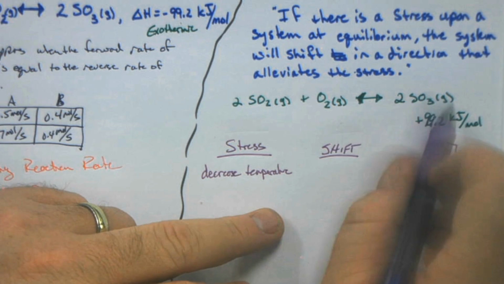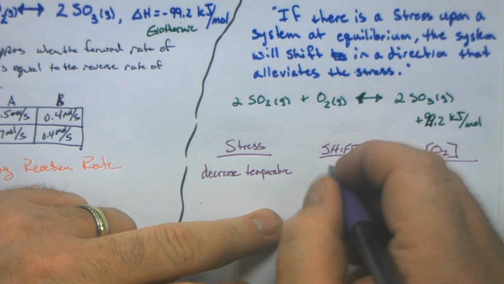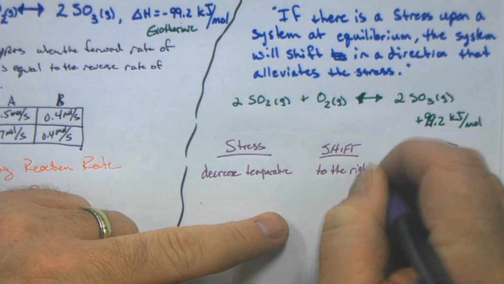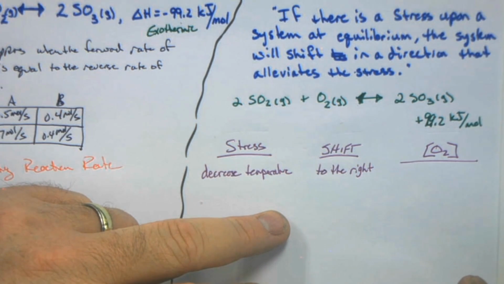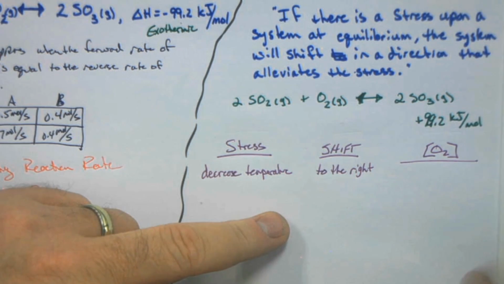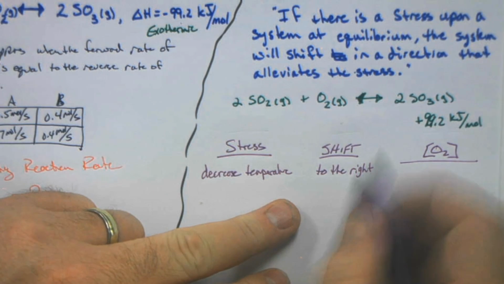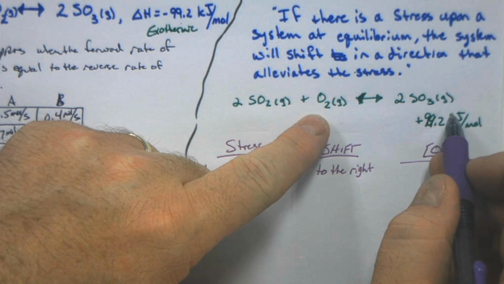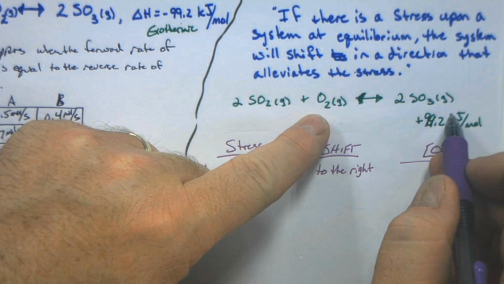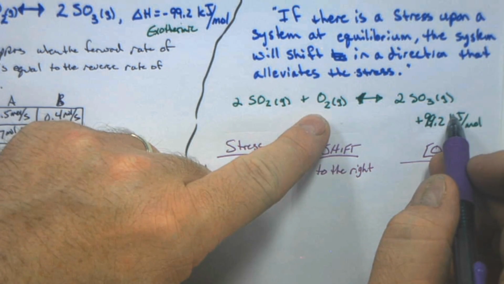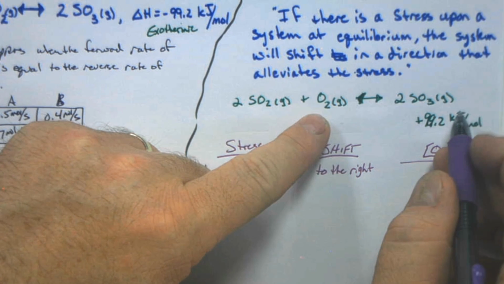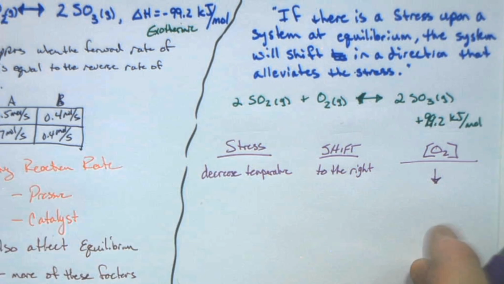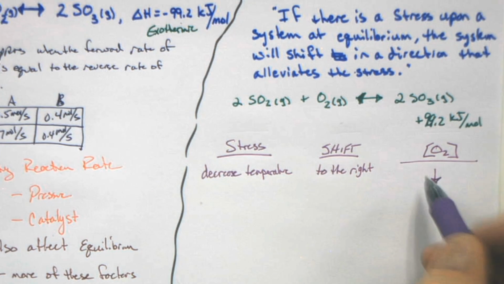We'll start making more of this stuff over here, which means we will have a shift to the right of our reaction towards the products. If the reaction shifts to the right, what happens to our oxygen concentration? It will decrease. Okay, so in this case, our oxygen will decrease.